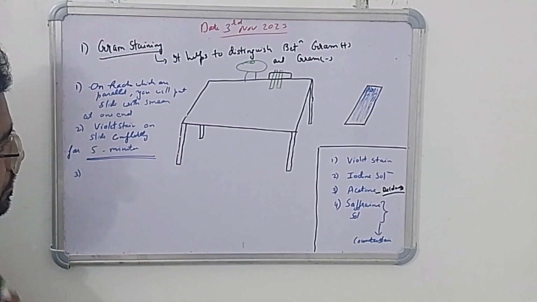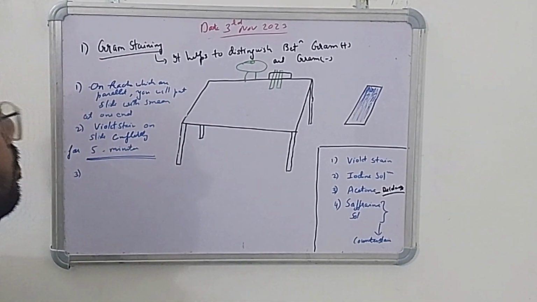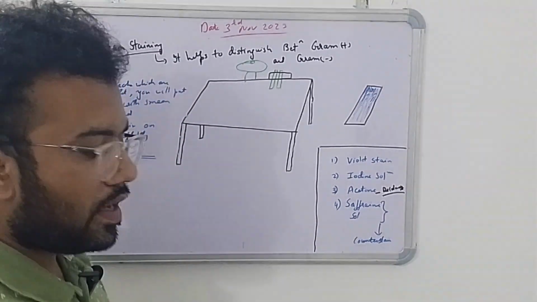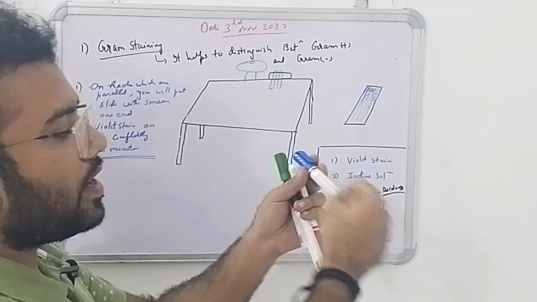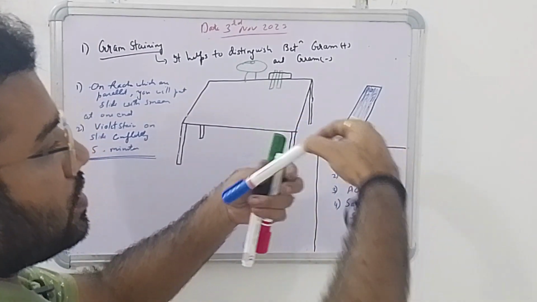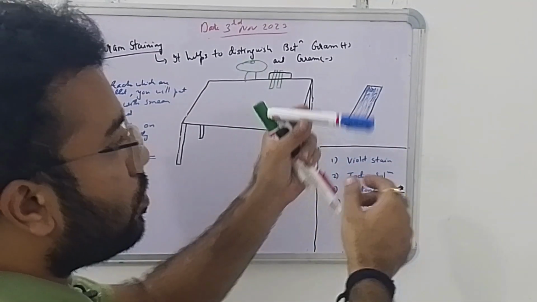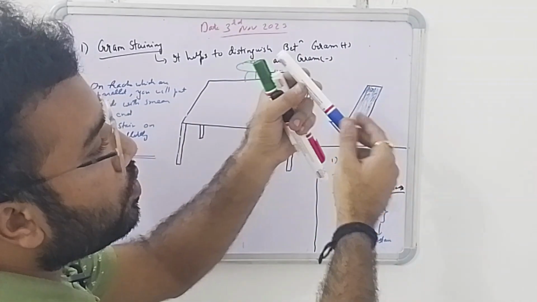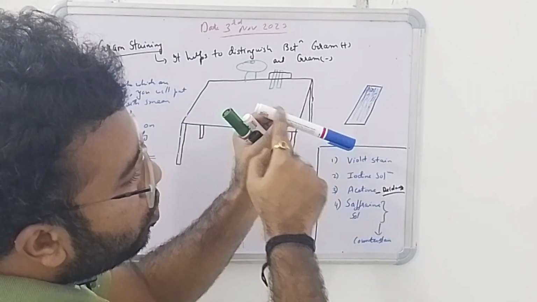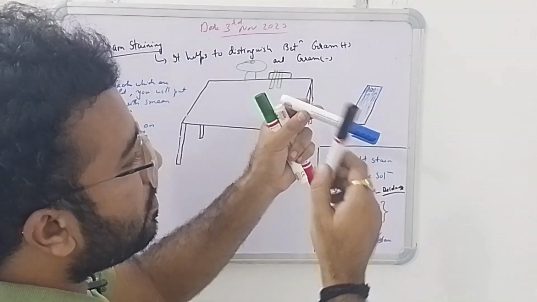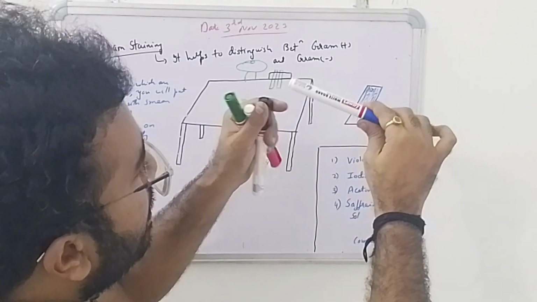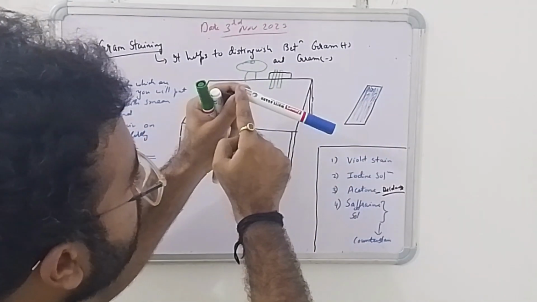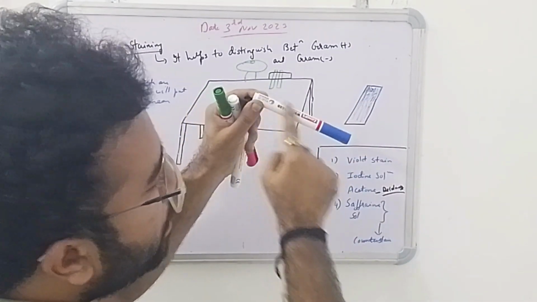After 5 minutes, take a forceps and grasp one end of the slide. You don't put the slide horizontal or vertical, but at an angle, so there is a slope. For example, this is the forceps and this is the slide. I am grasping one end of the slide so it makes a sloping edge.